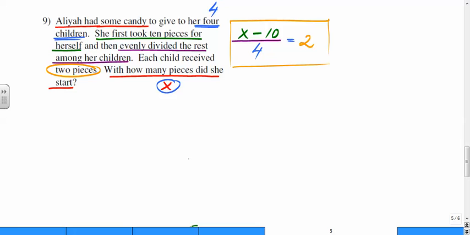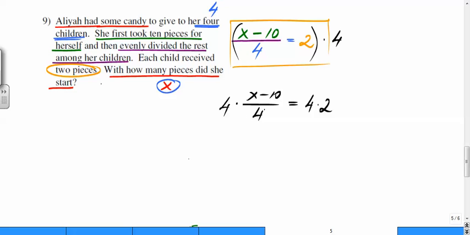To find that, I'm going to multiply everything by 4 to find out how many candies were there after she took 10 candies, right? So I will have 4 times (X minus 10) over 4. And on the other side, I have 4 times 2, right?